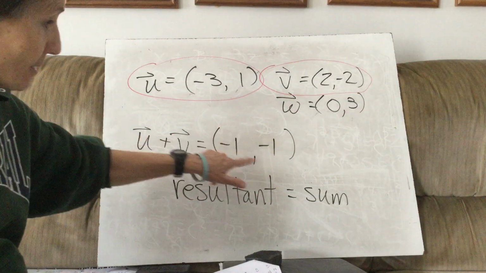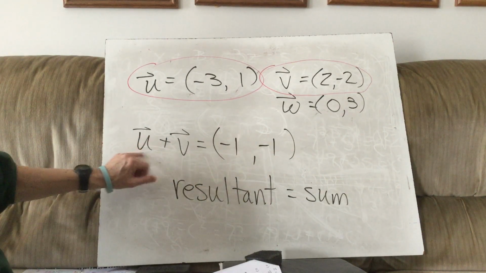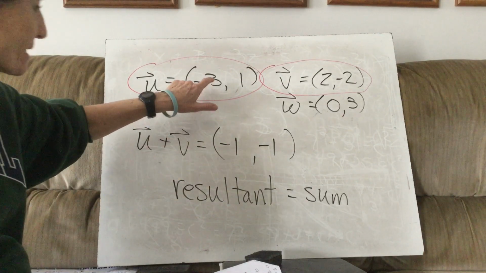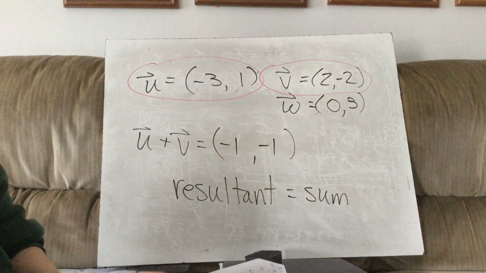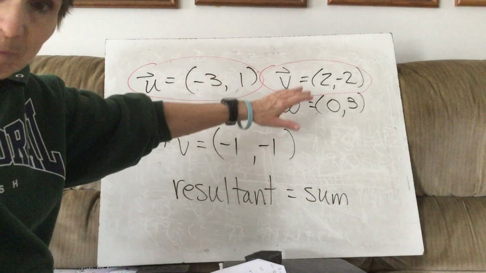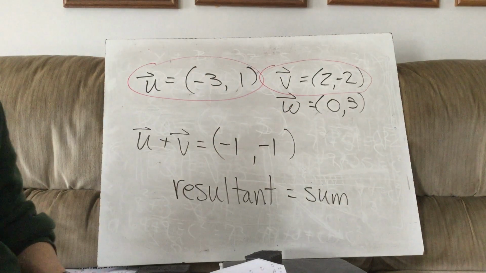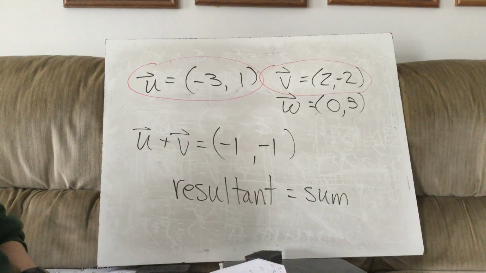So this right here is the resultant of vectors U and V. We added U and V together. We just did that x plus x, y plus y. Real simple. Sort of like when you added matrices. You added numbers in the same spots. And that's what we're doing. And the resultant is called the sum.